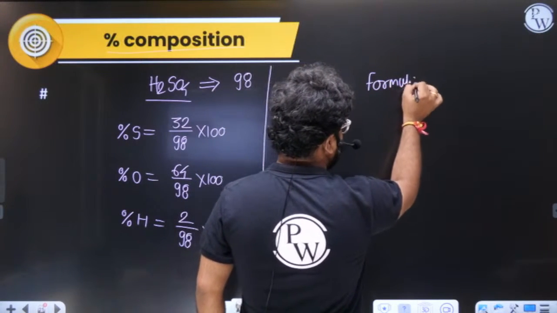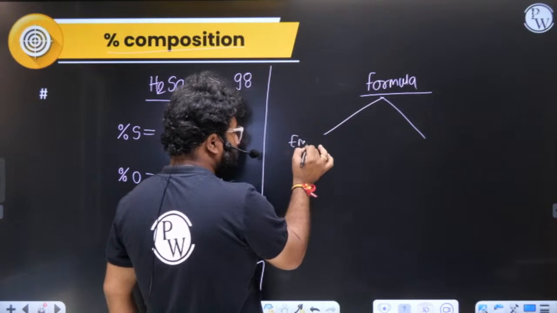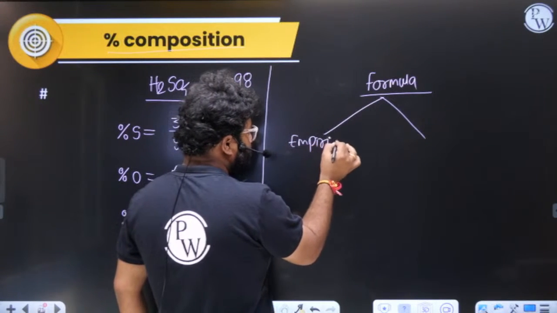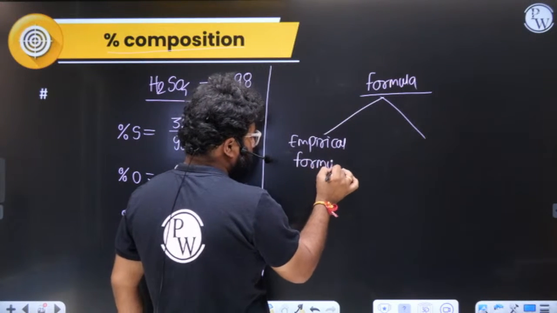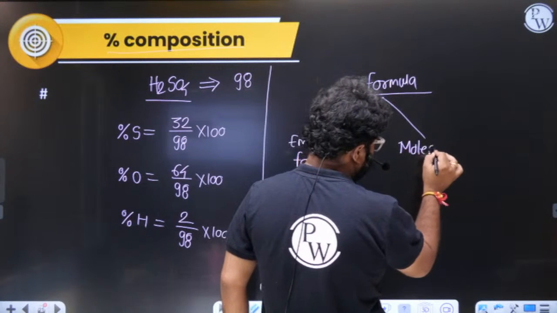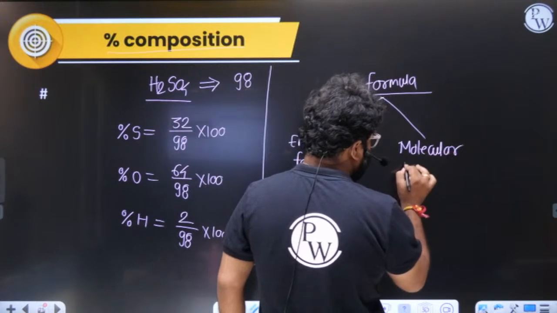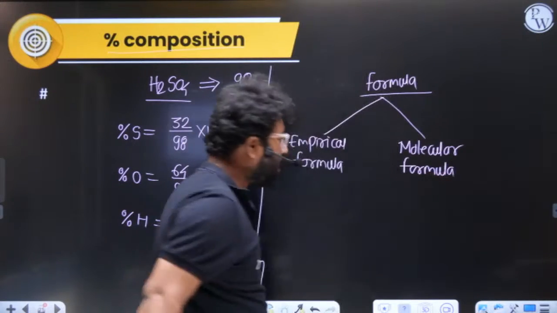So there are two types of formula: empirical formula and molecular formula. So what is empirical formula?